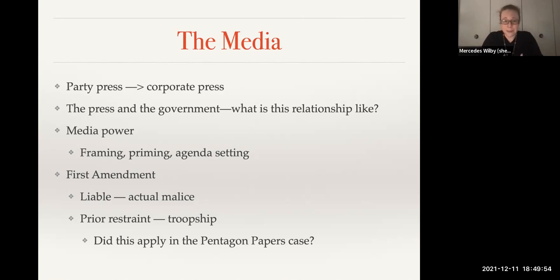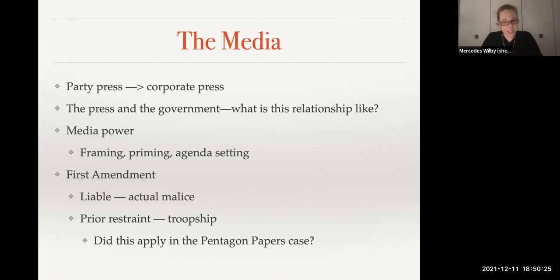And this power is very much protected by the First Amendment. As I've said, it's very hard to sue the media for libel. You have to prove, if you're a public figure and you feel you've been libeled, right, that the media has told an untruth about you, a lie, then you have to prove that they did so with actual malice. And this is a really hard bar to meet, to show that they disregarded journalistic norms and intended to harm you with this lie, right?